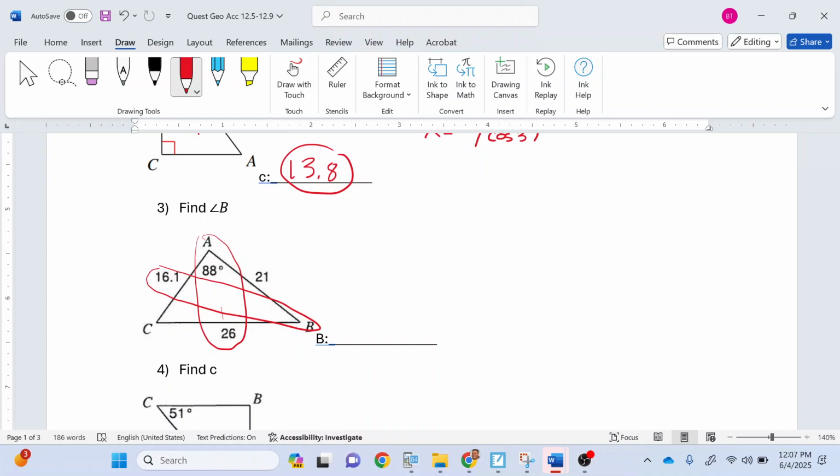Otherwise, I'm kind of forced to use law of cosines. You could use law of cosines, but it's more complicated, so I suggest using law of sines, because I have angle A and side a.